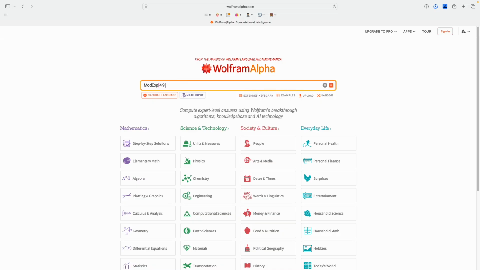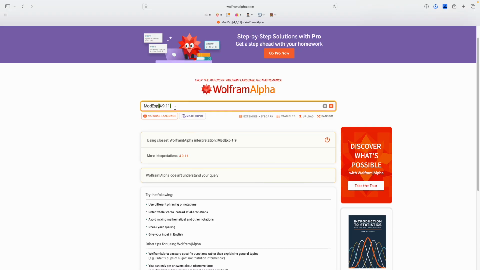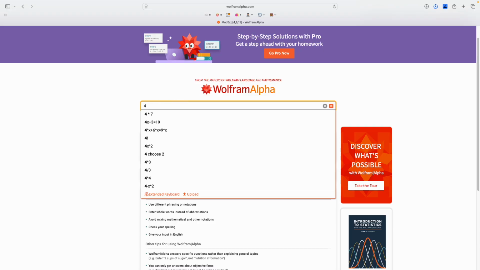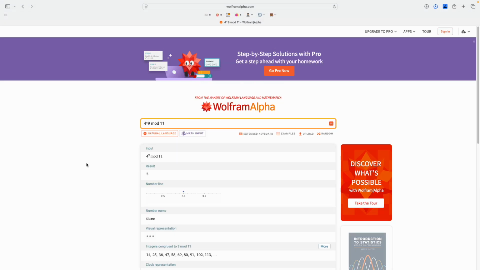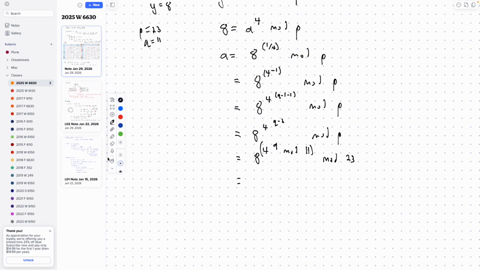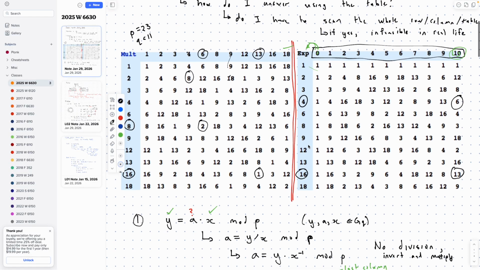Okay, like my notation. 4 to the 9 mod 11 is 3. This we can look up because we have the table for it. So 8 to the power of 3 is 6.